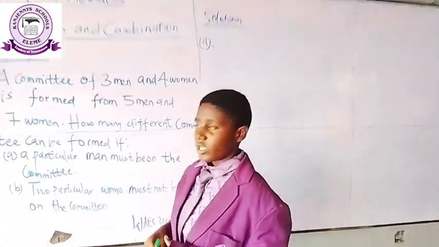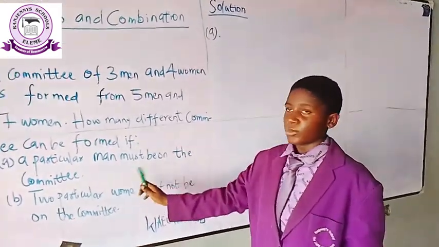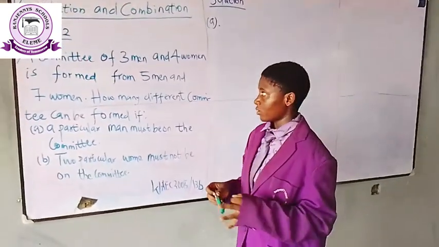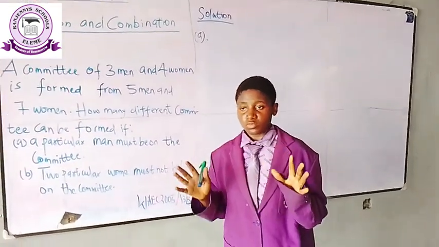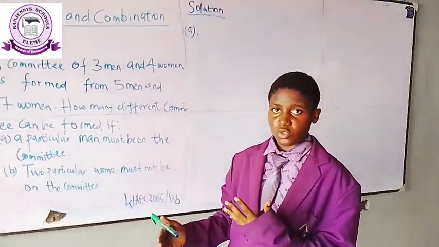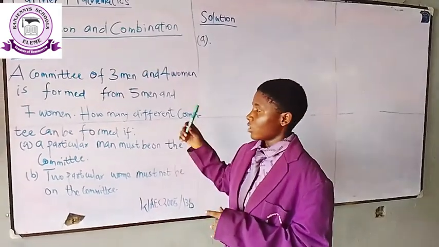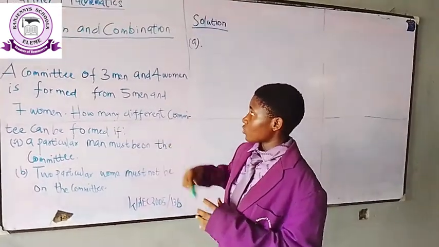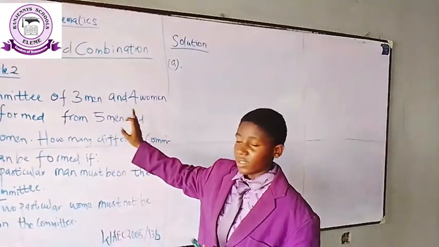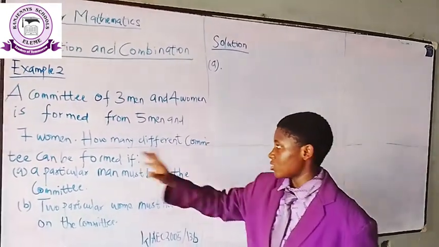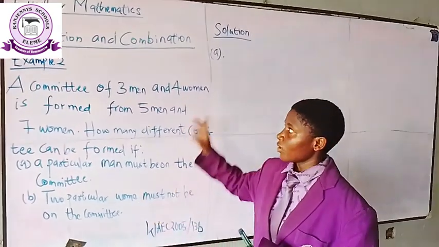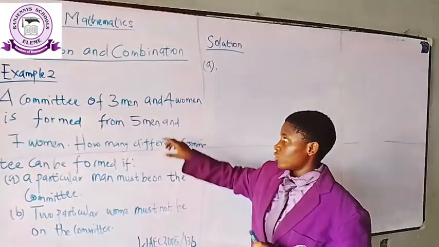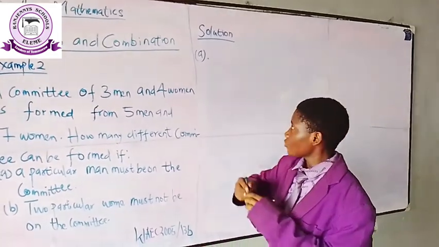Now, for A, a particular man must be on the committee. We have 5 men and we are to choose 3. I said something about combination being the selection of things and objects. Here we are to select, we are to choose, so this is a combination question. We are to choose 3 men out of 5, and 1 is already selected because a particular man must be on the committee. 1 selected makes the remaining from these 3 men 2, remaining from these 5 men 4.